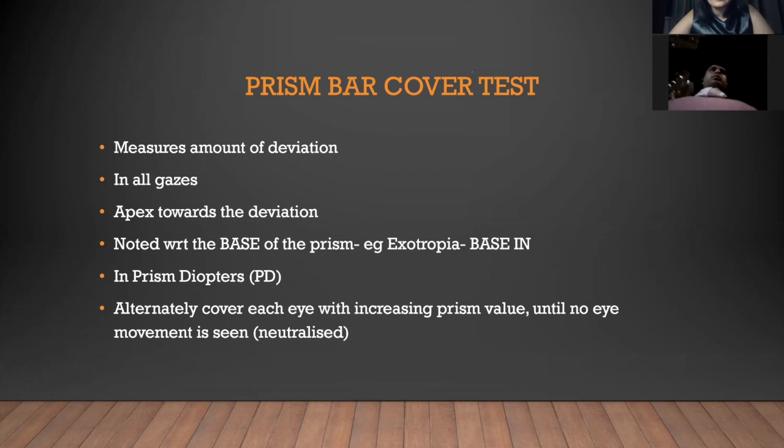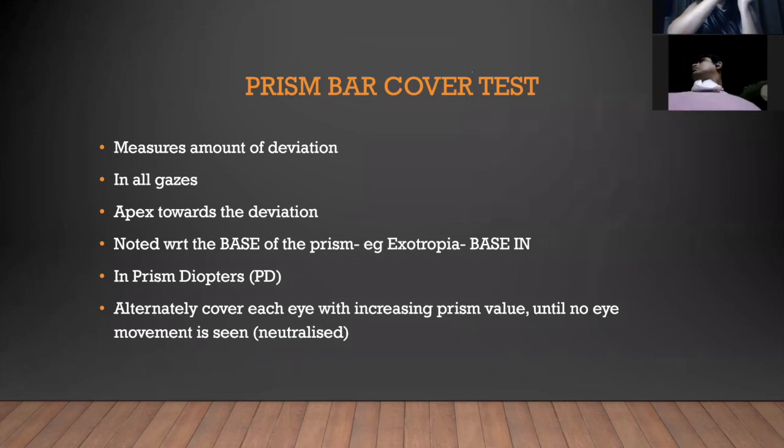So in esotropia, wherein the eye is deviated inside, you're going to use the prism with the apex inside, but it is always denoted in terms of the base. If it is an exotropia, where the eye is deviated outside, you're going to put a prism with the apex outside over the left eye, and you're going to denote it by the base.